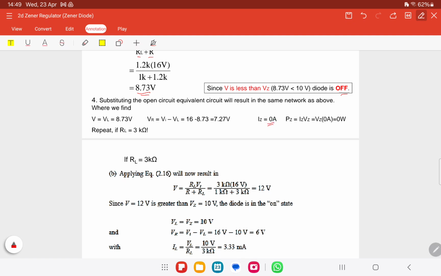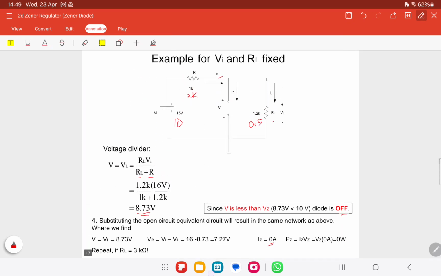For this one, if we do the KVL, minus 10 plus 2K I plus 0.5K I equals to 0. So you can get the I here, I equals to IL equals to IR. Simple.